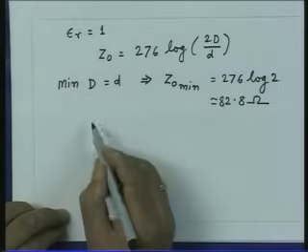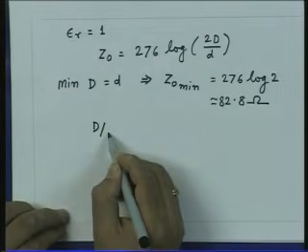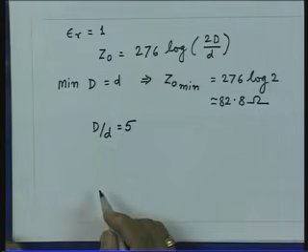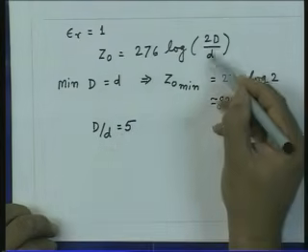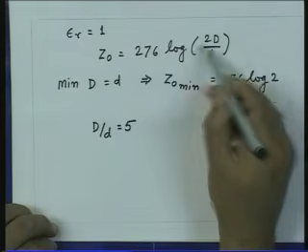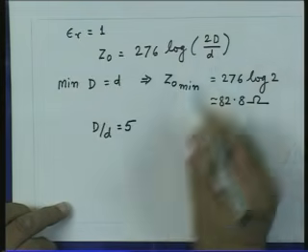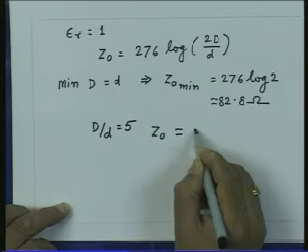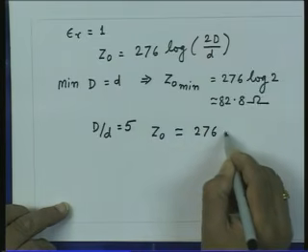Just to take another value, if I take D by d equal to 5, I can substitute here, 2D by d becomes 10. So, log of 10 is 1. So, Z0 for this will be 276.